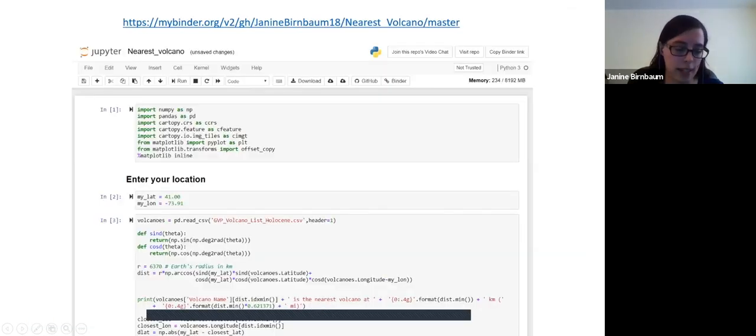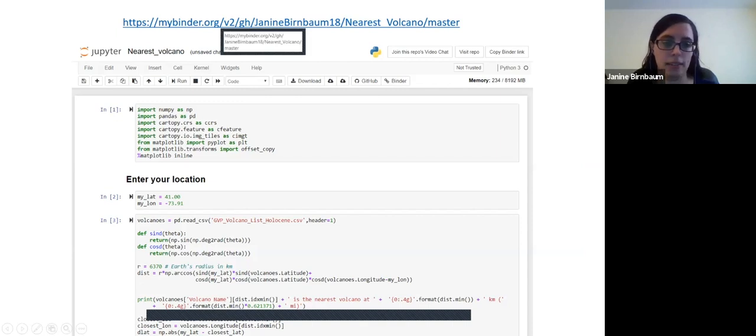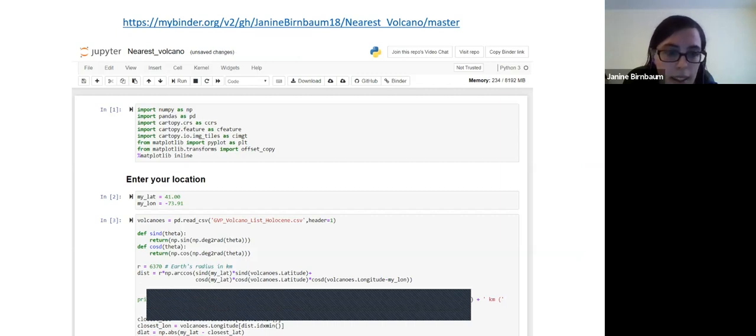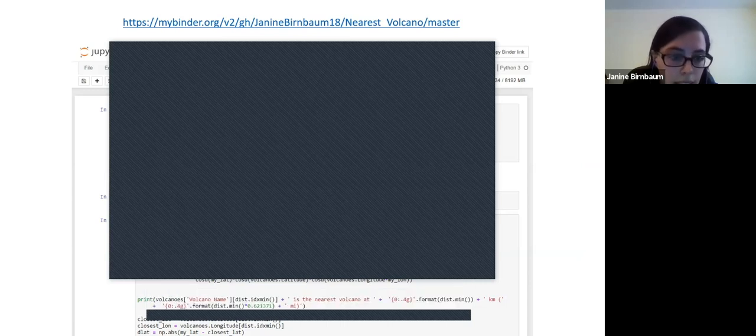But actually, we're going to do a little exercise to help you find the nearest volcano. So if you follow this link up at the top right now, it'll take you to a little piece of code that we can use to find the nearest volcano. So I'm actually going to pull up my screen as well with that link.